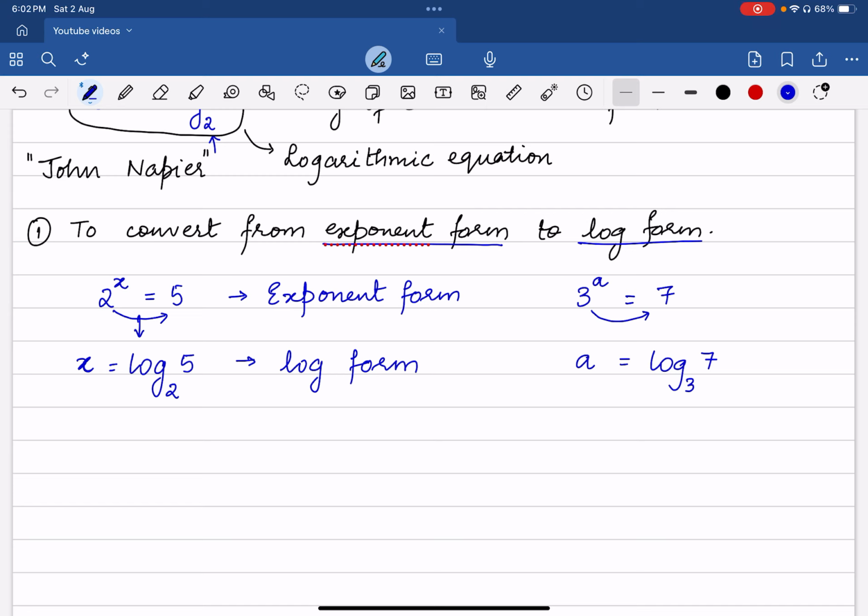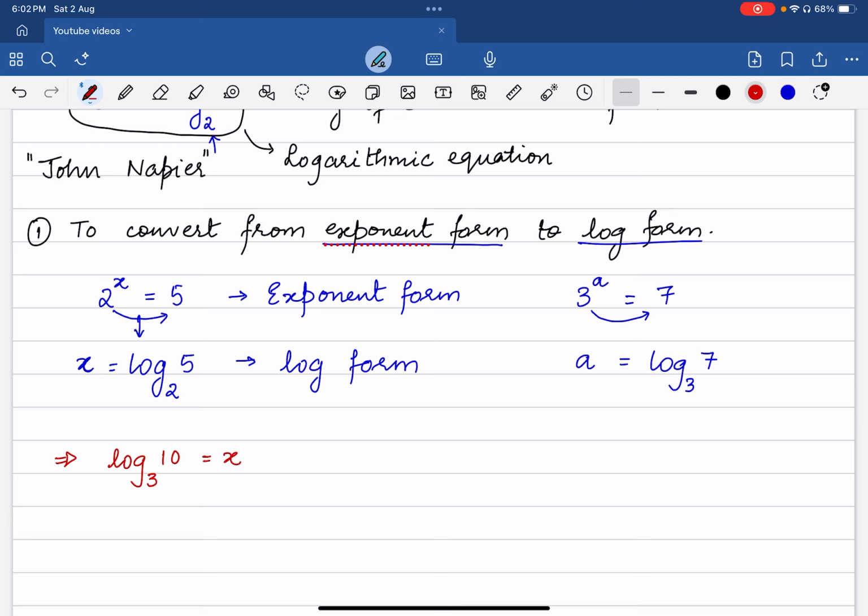Similarly, you should also know the vice versa of this. And what is the vice versa of this? The vice versa of this is that you should be able to go from log form to exponent form. For example, let's say I have log of 10 to the base 3 equals x.